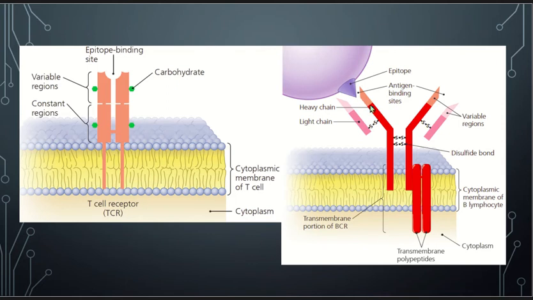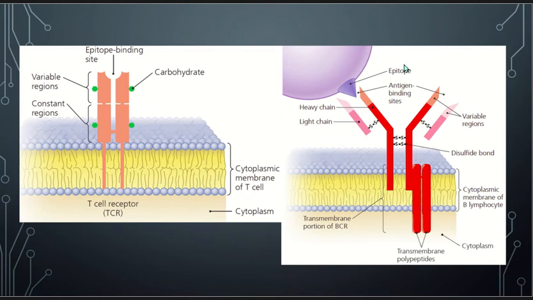So just want to point out, when you compare the structure of antibodies to these receptors, they're quite similar. You're going to have a really specific epitope binding site on these variable regions.